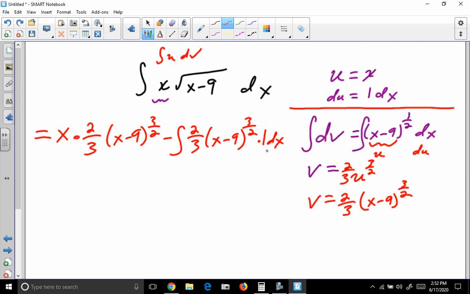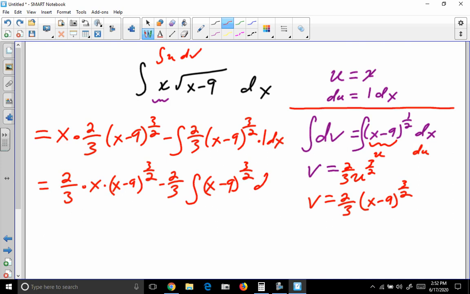Now notice, since the derivative of u was a constant, that made that go away, so the only remaining variables in our integral are for that power. So we have 2/3 times x minus 9 to the 3/2, and we can bring that 2/3 out, and it's minus 2/3, the integral of x minus 9 to the 3/2 dx.